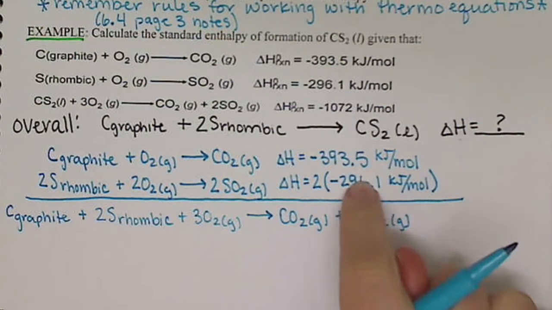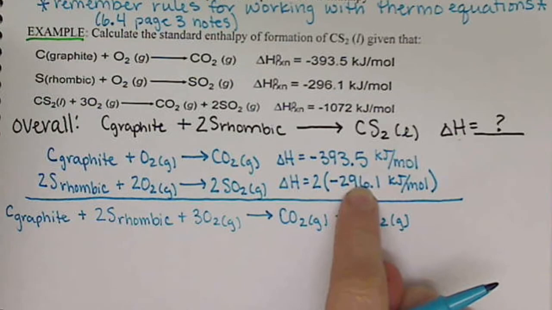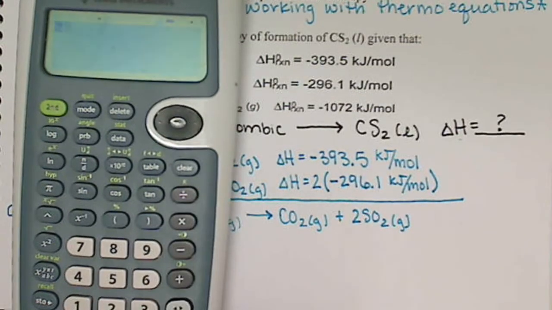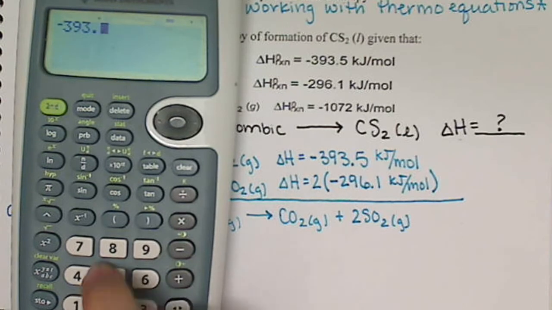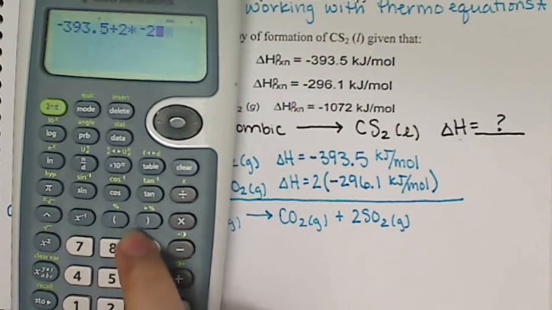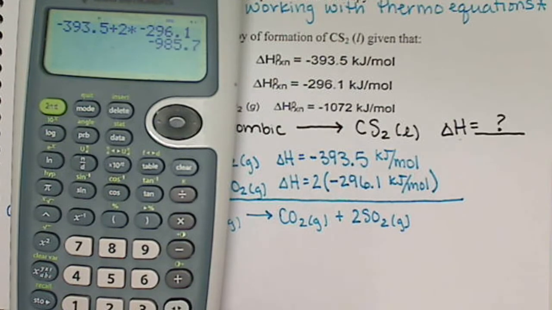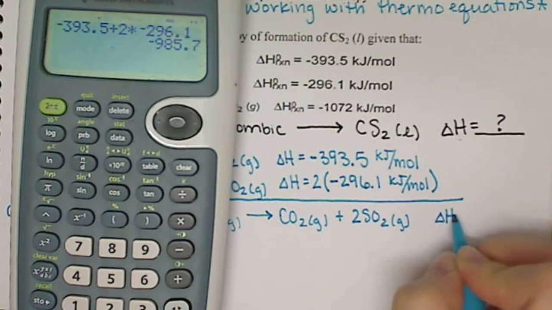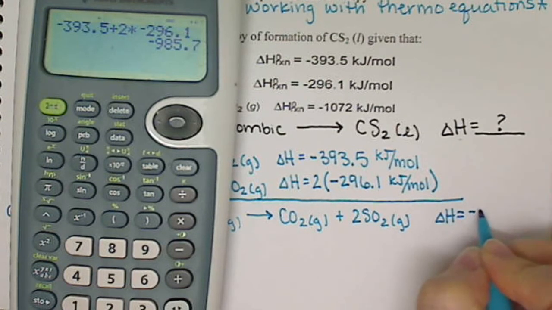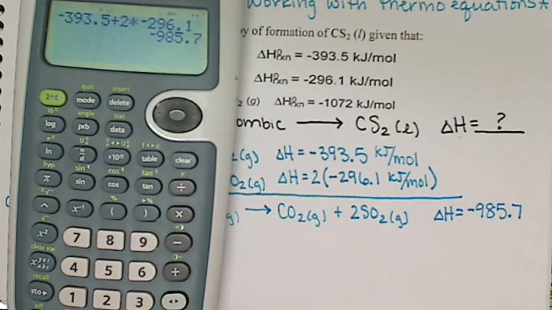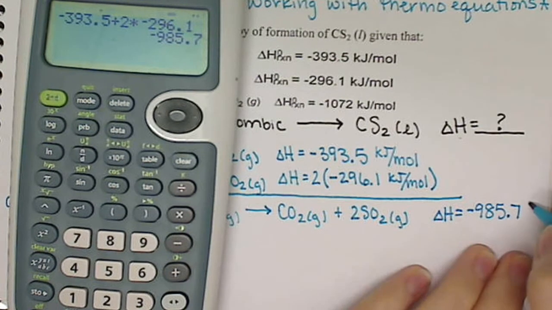And then what I'm going to do is add my delta H's together. So I have negative 393.5 plus 2 times negative 296.1. So my delta H so far is negative 985.7 kilojoules per mole.